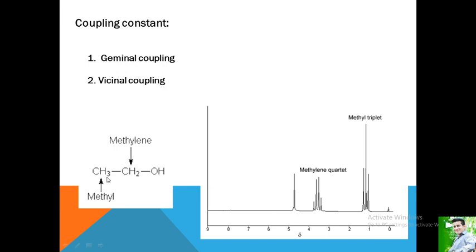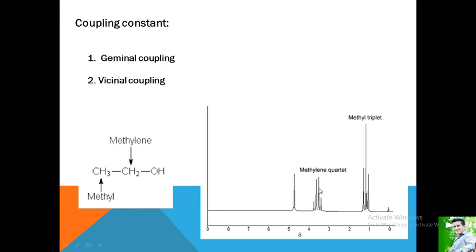The 1H NMR spectrum of ethanol shows the methyl peak split into three peaks, a three-peak pattern, and the methylene peak split into four peaks as a quartet.